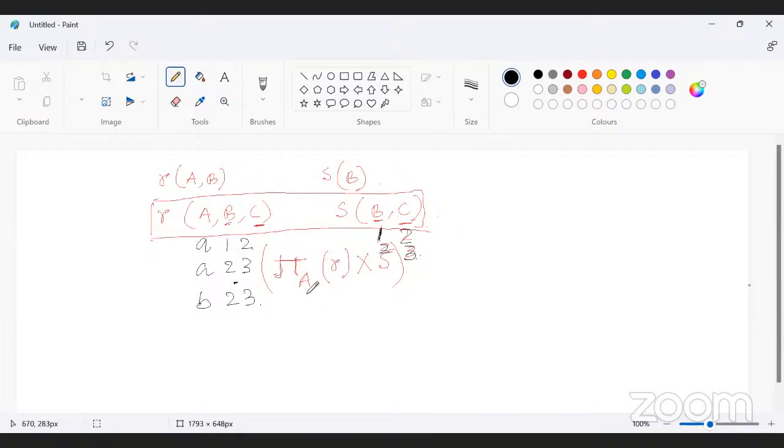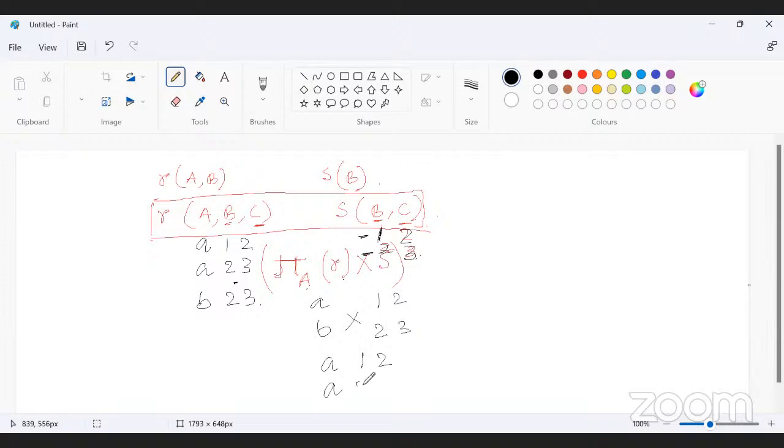First you select pi A from R, that is A and B, and you cross product with the tuples of S, that is 1, 2 and 2, 3. The final value is A 1, 2, A 2, 3, B 1, 2, and B 2, 3. This is the output of this step.